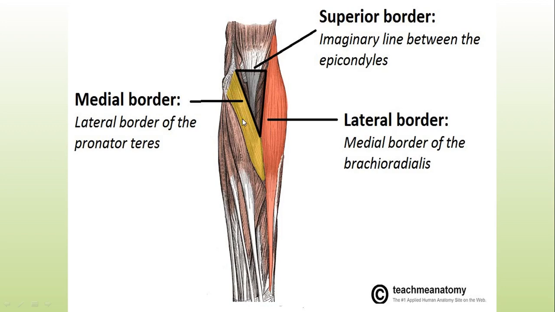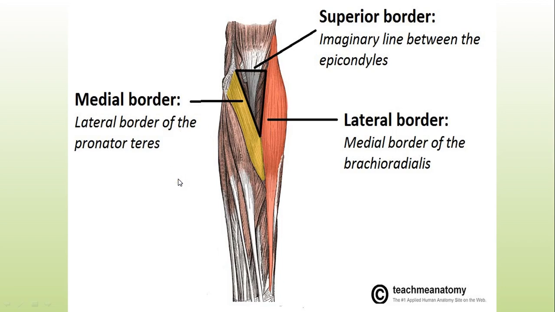Now again you have to look clearly at the figure. The pronator teres muscle has two borders, a lateral border and a medial border. The lateral border of the pronator teres muscle is forming the medial border of the cubital fossa. Now in the MCQs, we can ask you the boundaries of the cubital fossa.